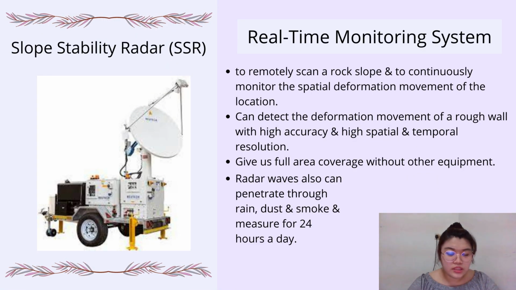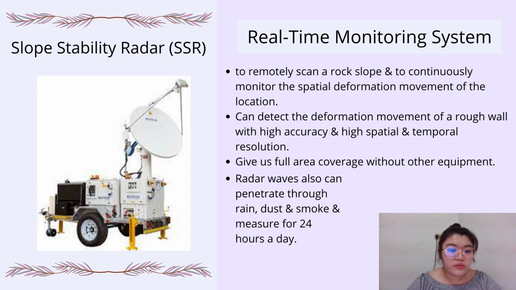Real-time monitoring systems. A real-time monitoring system means it can monitor a place for 24 hours. There is the slope stability radar and the movement and surveying radar. Slope stability radar, or SSR, is used to remotely scan a rock slope and continuously monitor the spatial deformation movement of the locations.